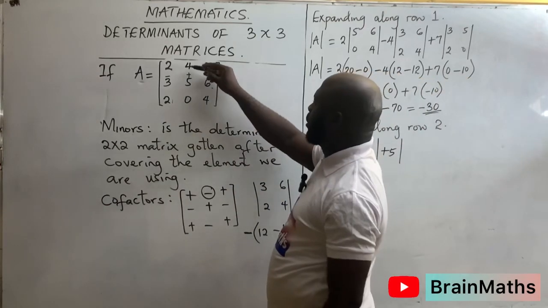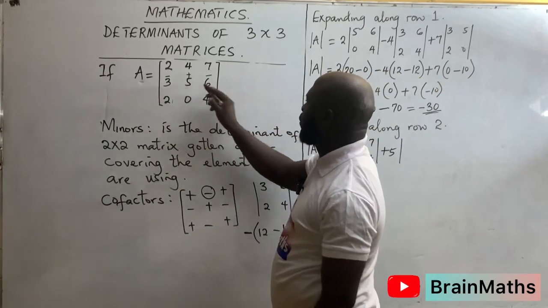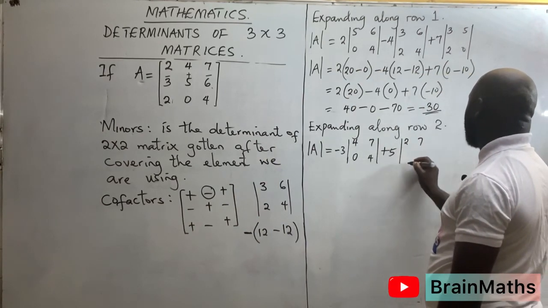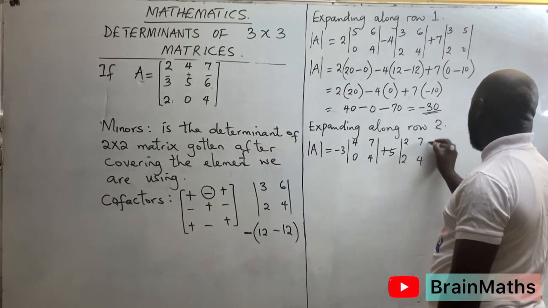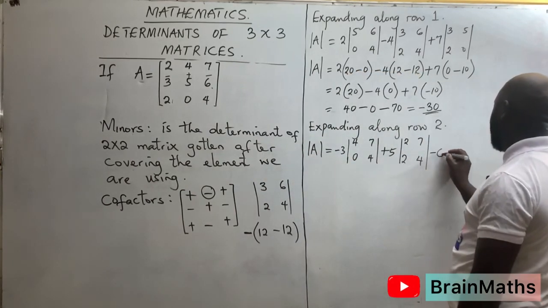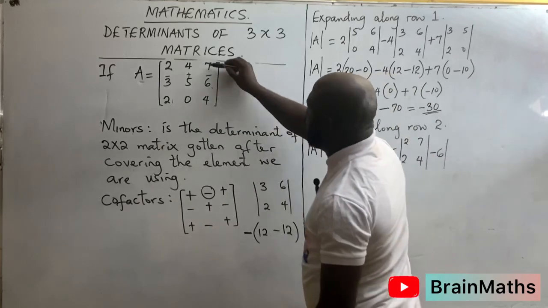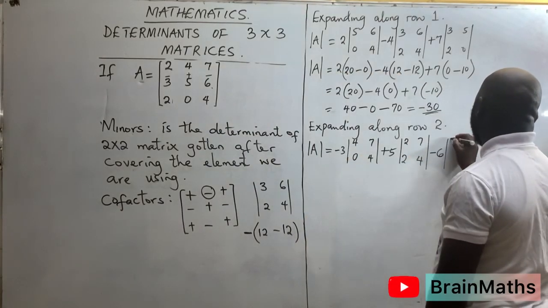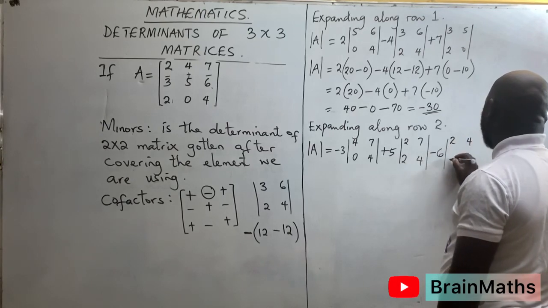And if you close the column and the row of 5, you have 2, 7, 2, 4. And the last one is minus 6. If you close the row and the column, you have 2, 4, 2, 0.